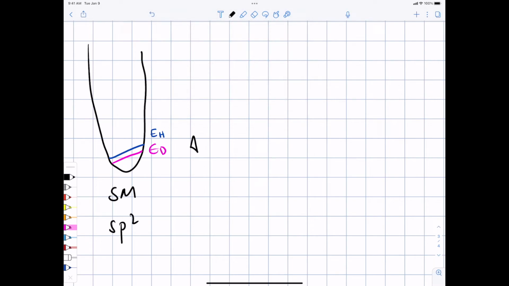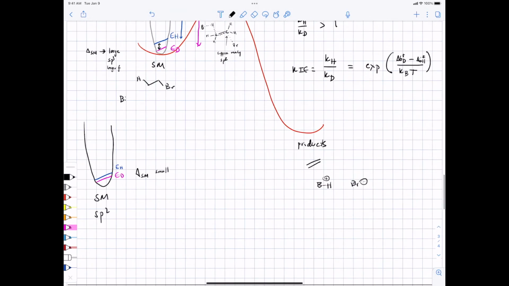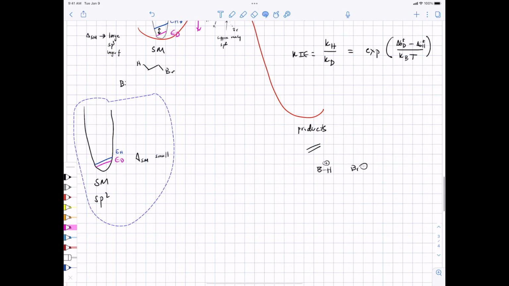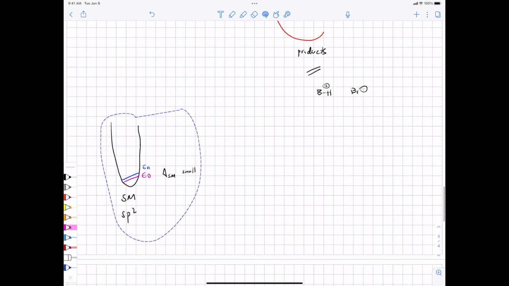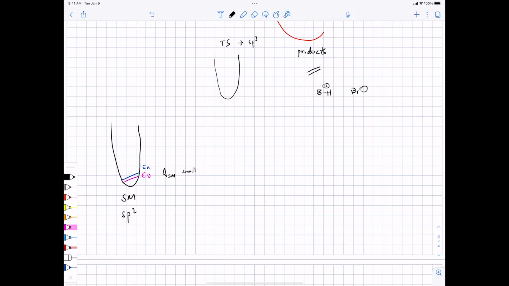So yeah, this delta for starting material is going to be small. And then imagine you go in this reaction, whatever it is, to a transition state that's higher in energy, which is very sp3-like.